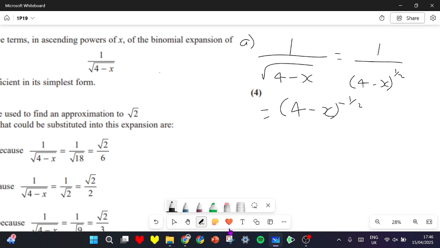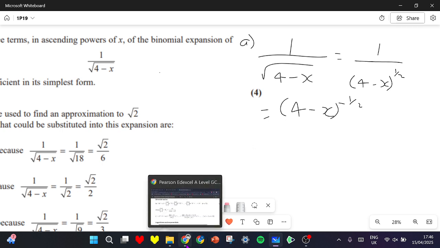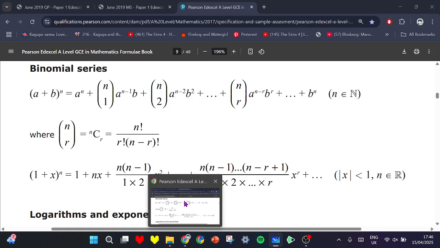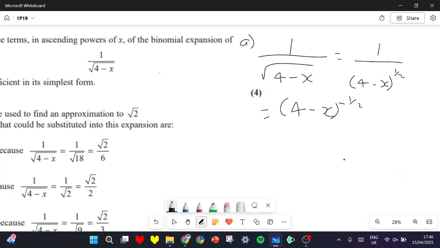Okay, so we have this. We need to get it so that it's a 1 though. So to do that, you'd have to take a 4 out of this whole thing.